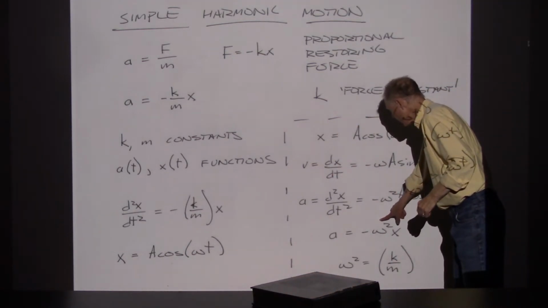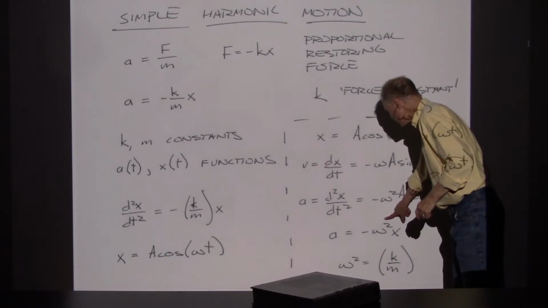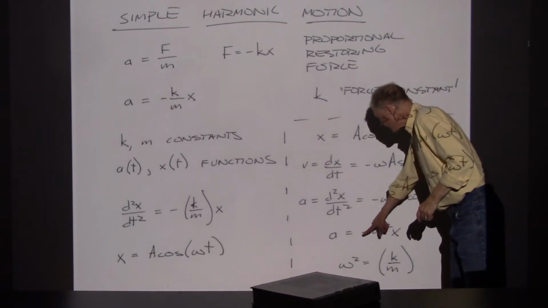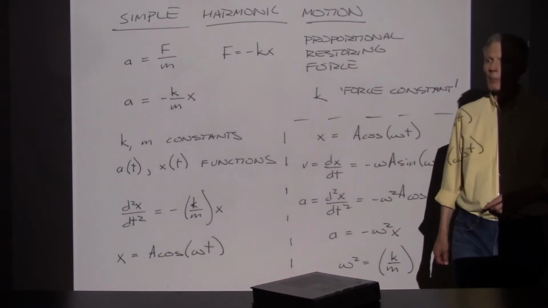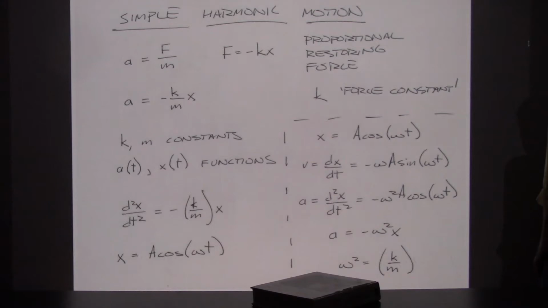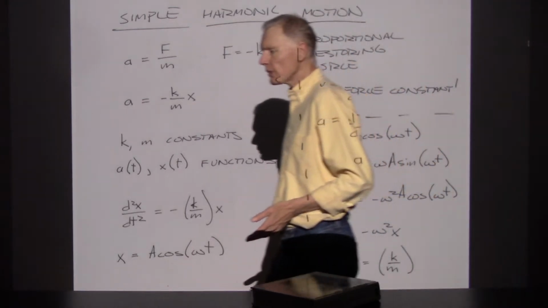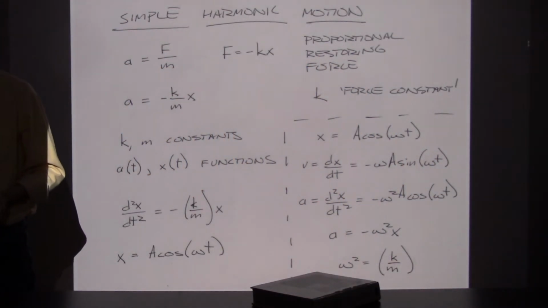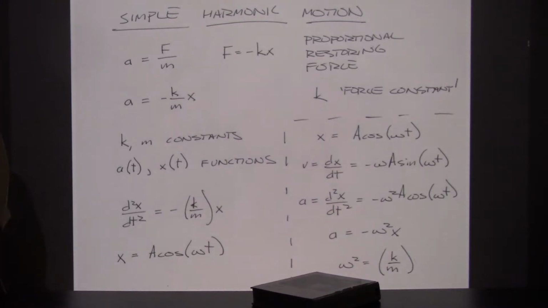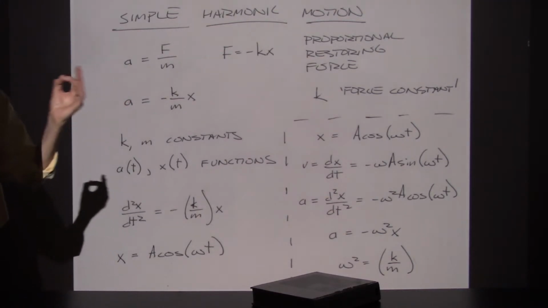What I end up with is a couple constants over here, omega squared, and that tells me that the frequency, omega squared, is going to be k over m. So omega represents the frequency of oscillation. Now, we've worked with omega before. We've seen omega as an angular velocity for rotations. Now omega is going to be keeping track of how the oscillations are taking place.